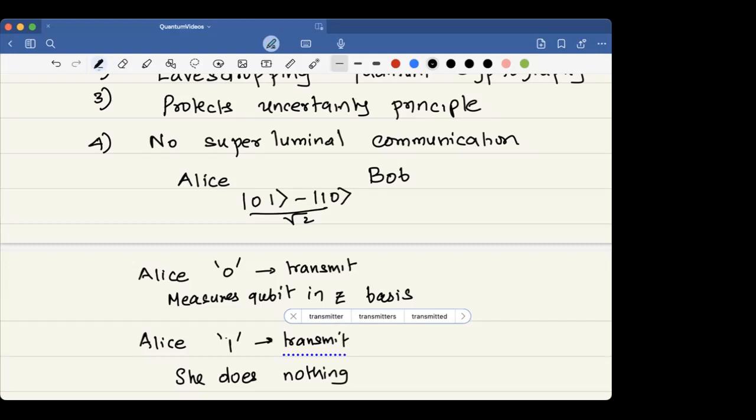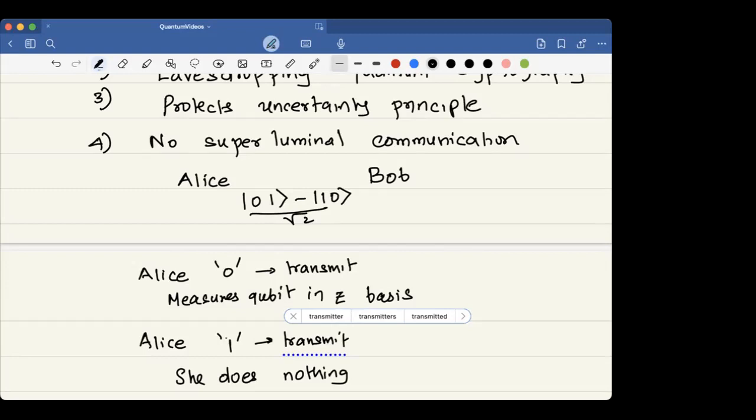So suppose Alice wants to transmit a 0, and she measures her qubit, then with probability 1, Bob will be in either state 0 or state 1.